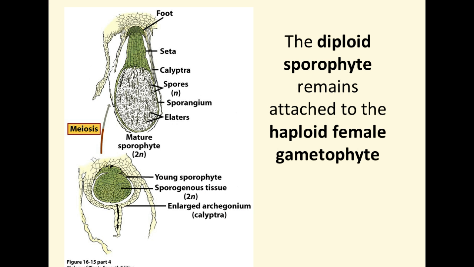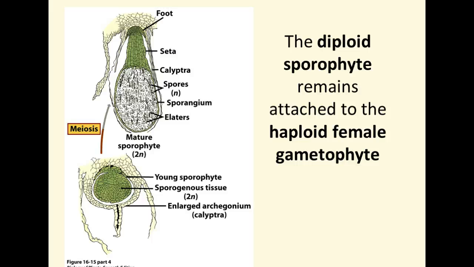Okay. The interesting thing is you have a diploid sporophyte, and it remains attached to the haploid female gametophyte. Okay. So here you have the foot at the top, which is still attaching it to our archegonium. You have a seta, the calyptra is the outside, and you can see spores. And the sporangium is basically that whole structure.